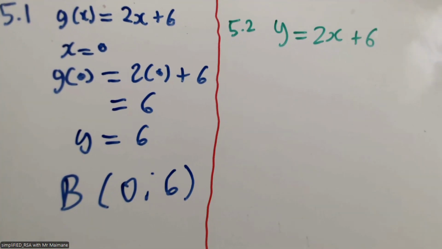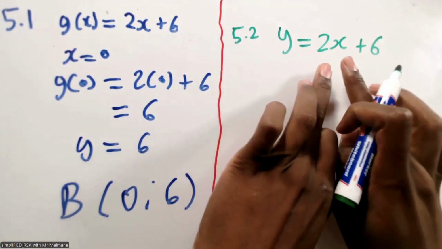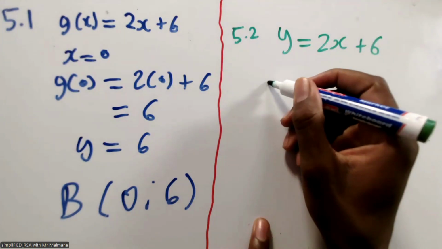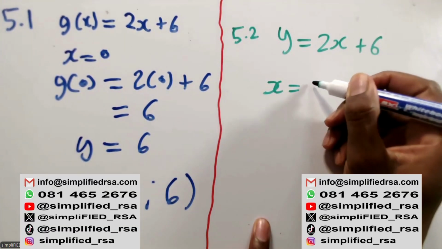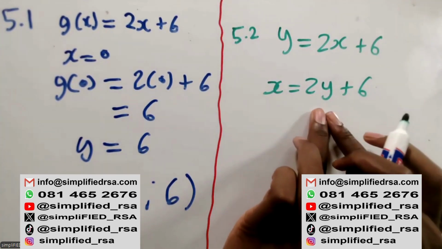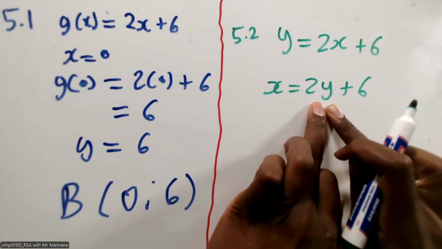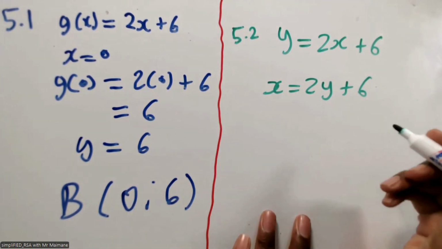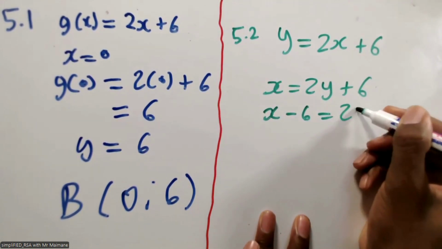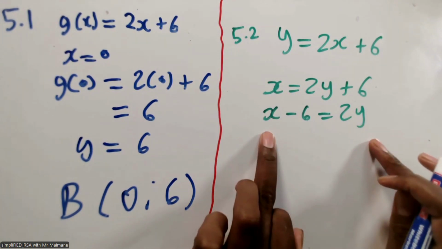And to get the inverse of this function, whenever you have x and y, all I need to do is just swap around: I put x where there's y, and I put y where there's x. And then I make y the subject of the formula of that function. That would be the inverse. And to get that, obviously here I would have x minus 6 equals 2y, if I take the 6 to the other side of the equation to make it make sense.